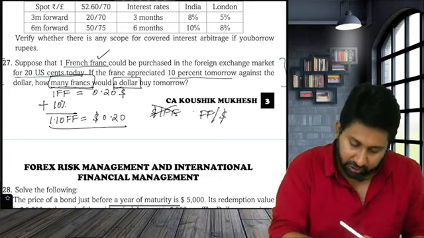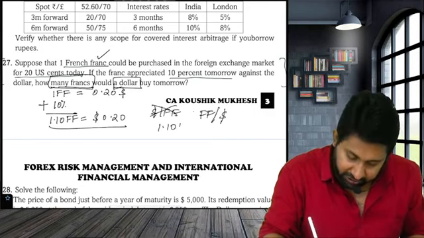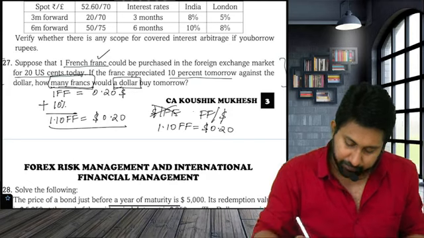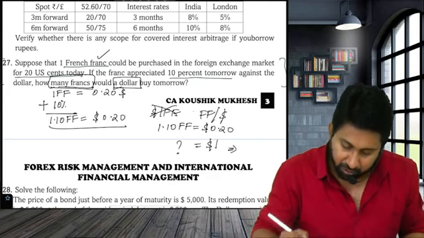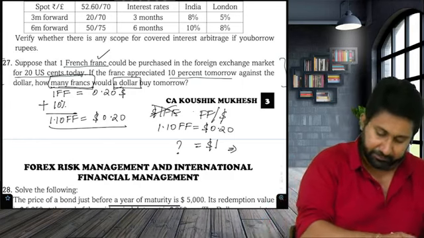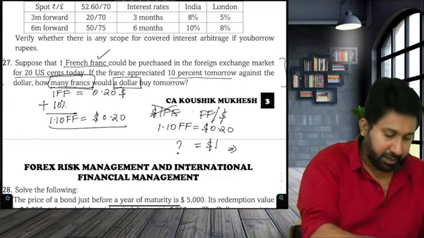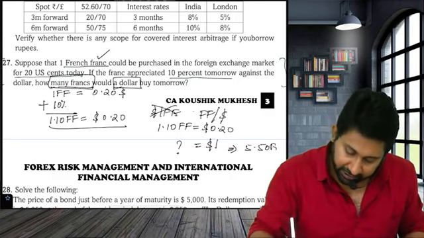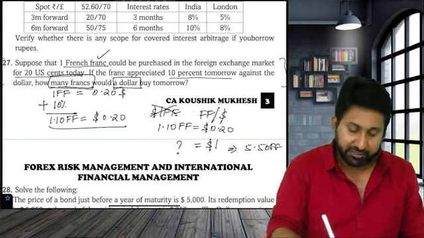So 1.10 FF equals $0.2. Then $1 can purchase how many francs? 1.1 divided by 0.2, how much? 5.50 French francs.